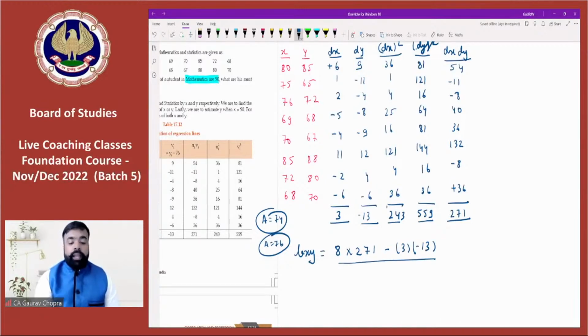Whole divided by n, again 8, into sigma dy square, minus sigma dy whole square. Now we can simplify and get the result.